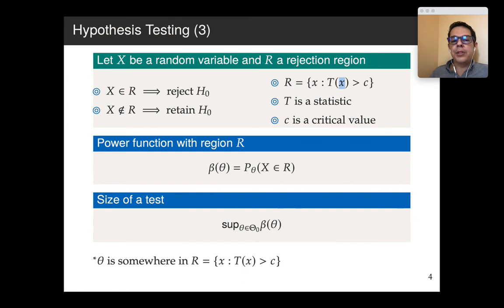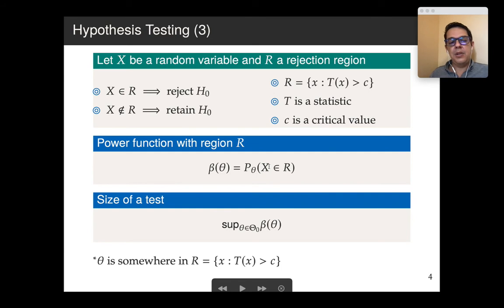The power function with region R is another definition. We are going to use the letter beta to refer to the power function of the parameter theta, which is the probability, identified with theta, that X belongs to the rejection region R. X is a random variable.